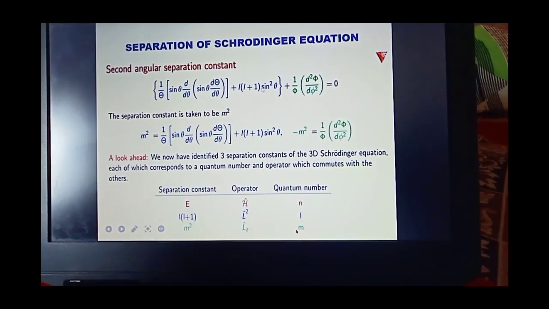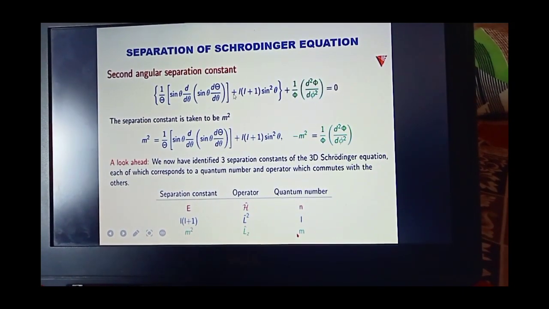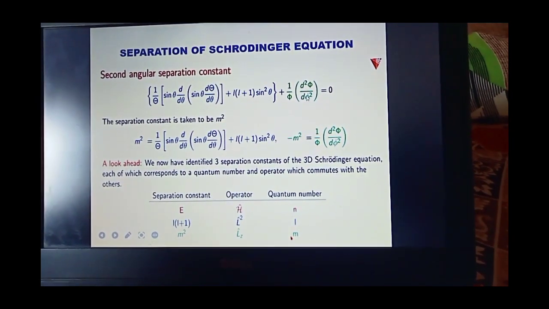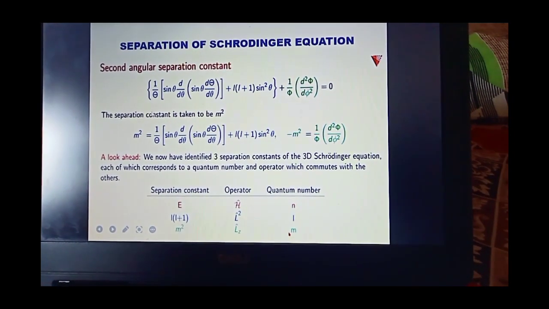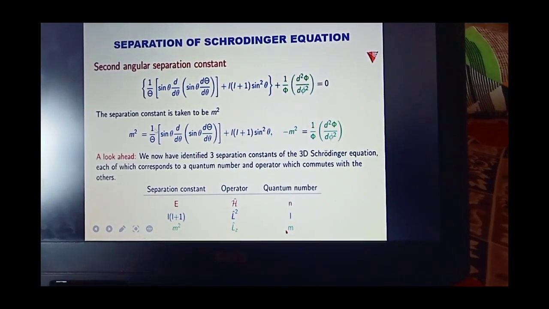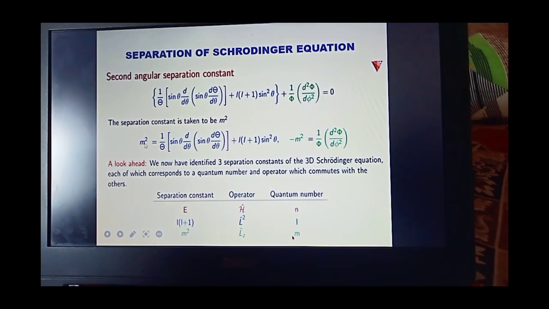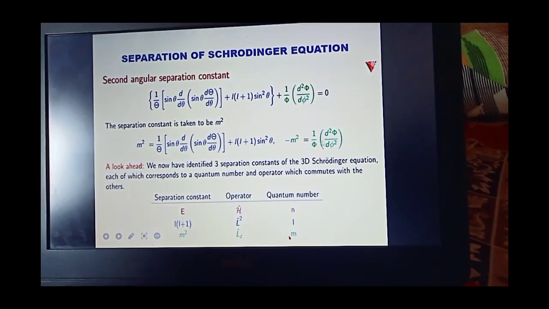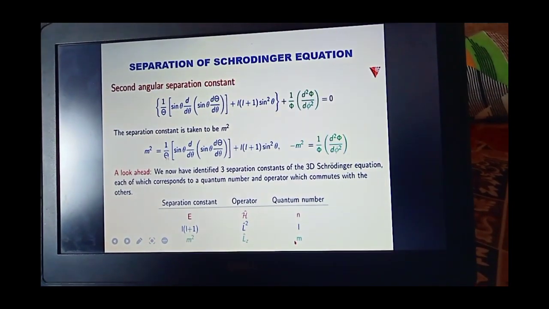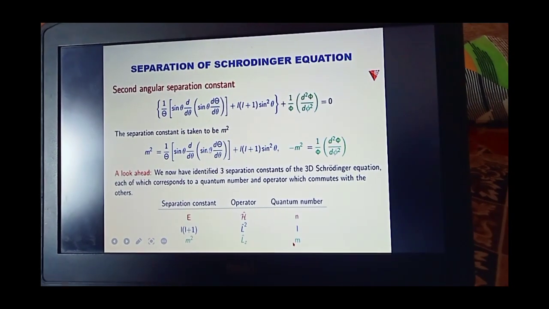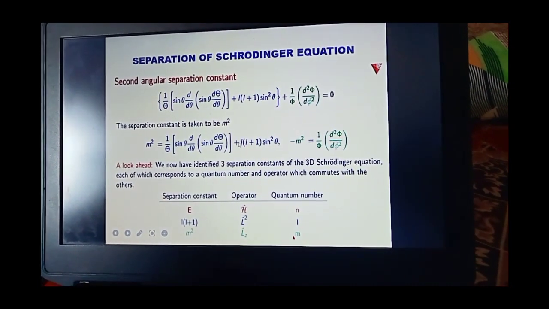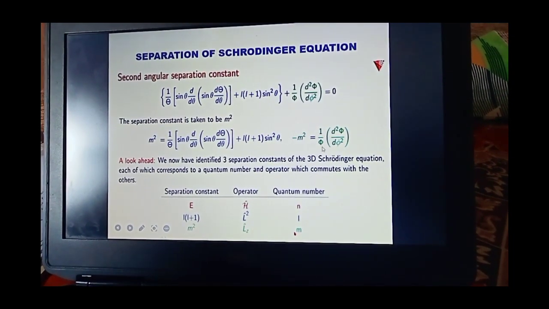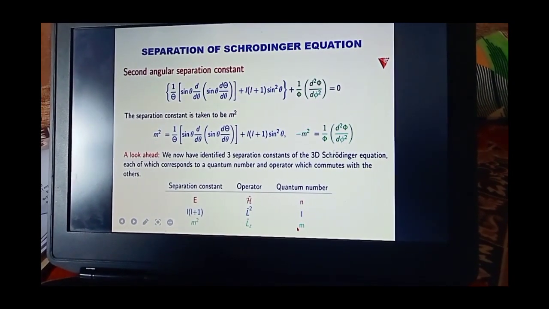The second angular separation constant: we separate out the theta and phi equation, and the separation constant is taken to be m². We take the separation constant m² for the theta equation, and −m² for the phi equation. So m² = (1/Θ) sinθ d/dθ (sinθ dΘ/dθ) + L(L+1) sin²θ, and −m² = (1/Φ) d²Φ/dφ².